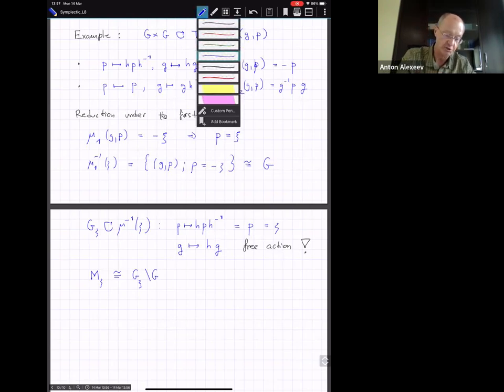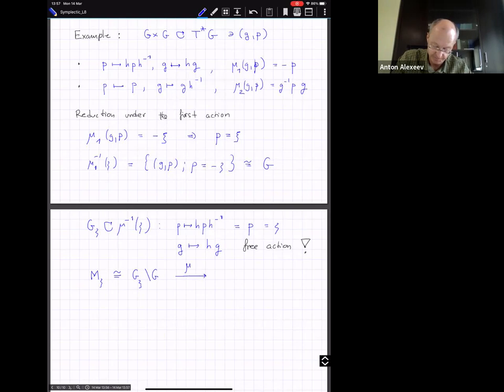And by the proposition that we had before, we have a moment map which maps it to G star, mapping this element of the quotient space G_psi G to G^{-1} P G, which is equal to G^{-1} psi G, or in more abstract notation, equal to Ad star G^{-1} of psi.